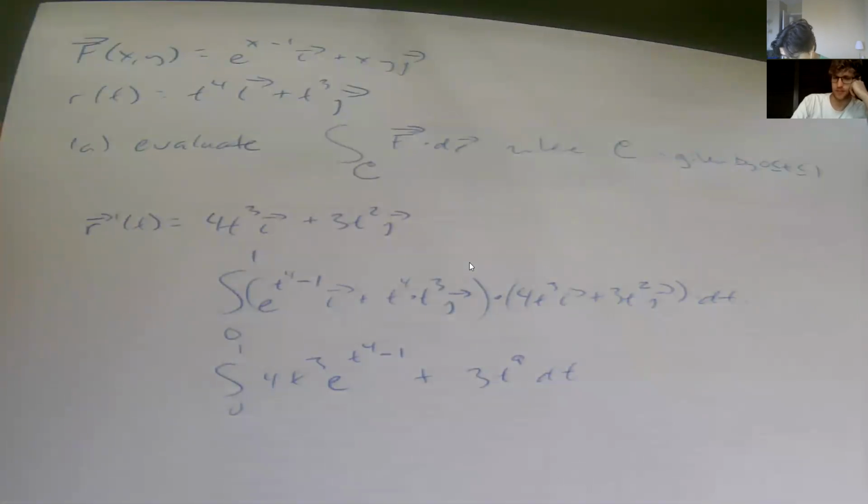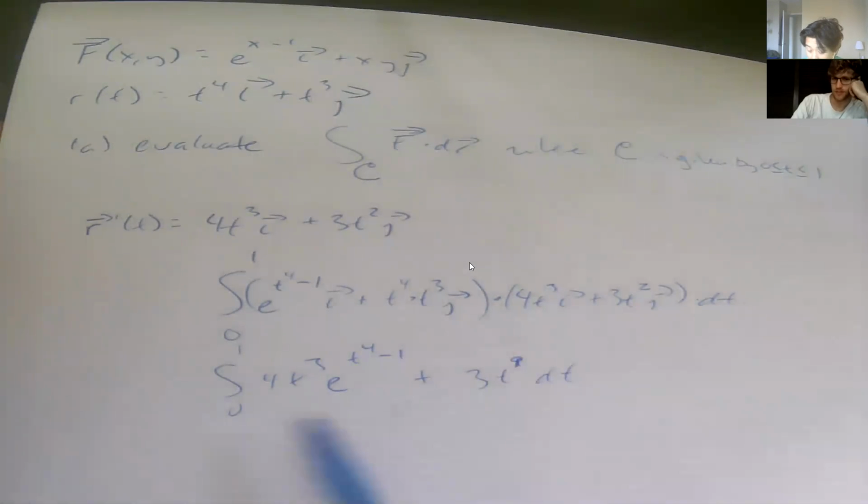Okay. And I just evaluate this integral. Split it up in the sum. This one's nice and easy. It's a polynomial. And this one is integration by substitution. Very quick substitution right here. The derivative of this is equal to that. So a quick u substitution should do.